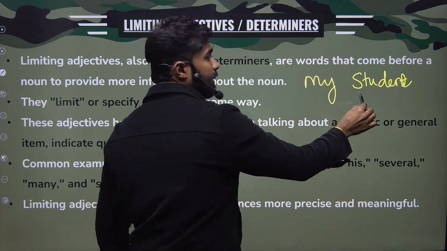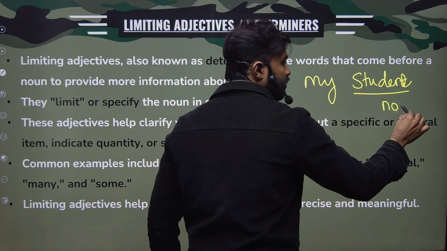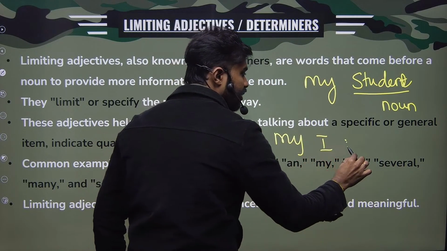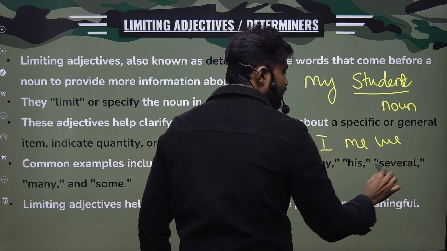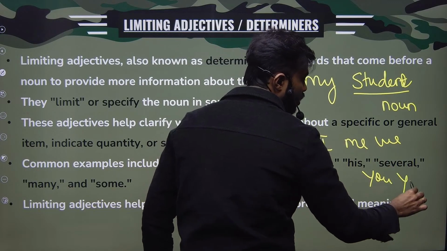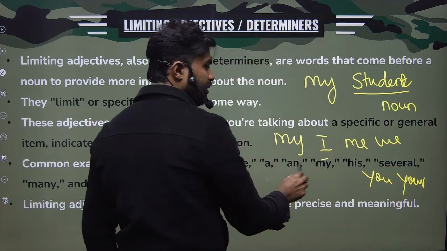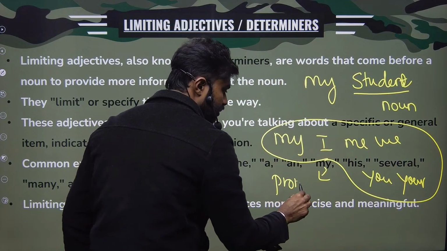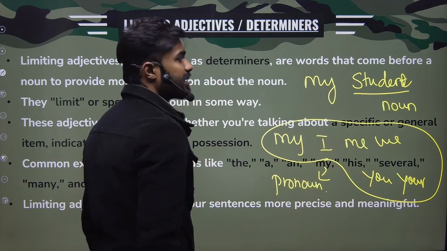Student is a noun, and normally my, I, me, we, you, your, all these are pronouns. We saw it in the last class, right? All these are pronouns.